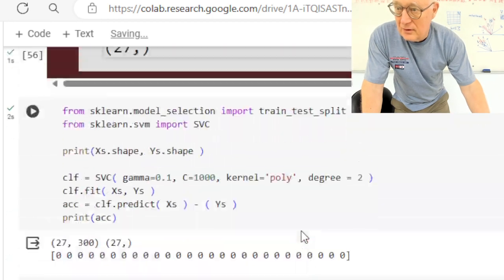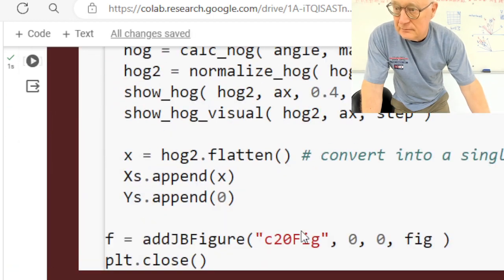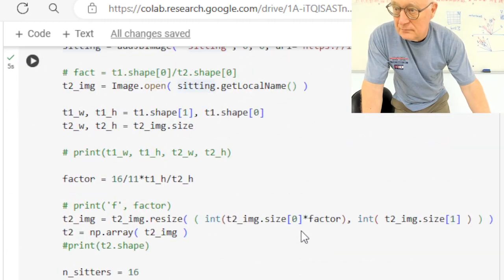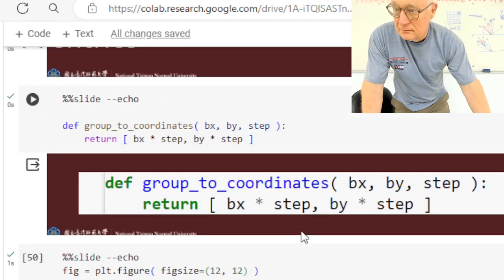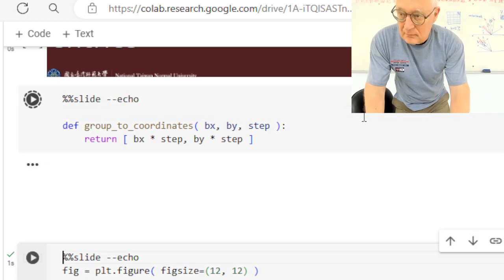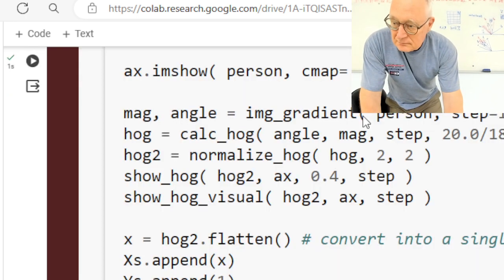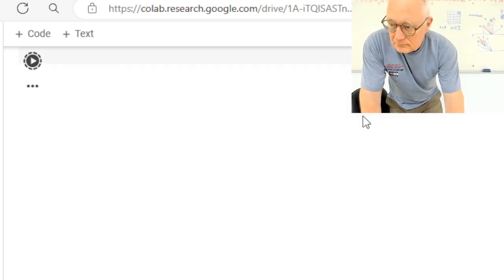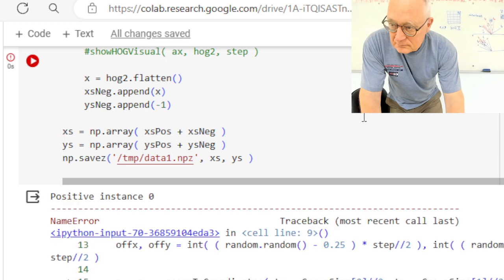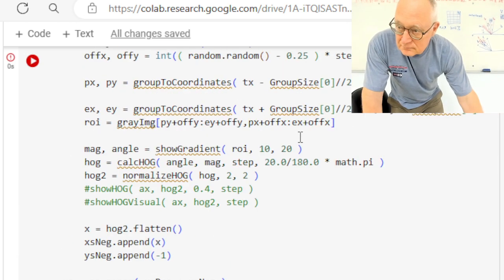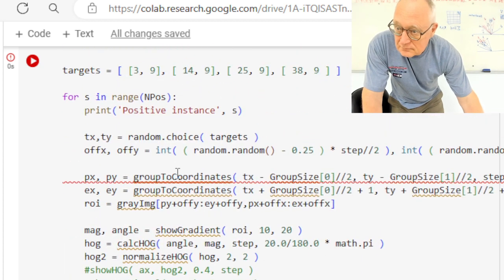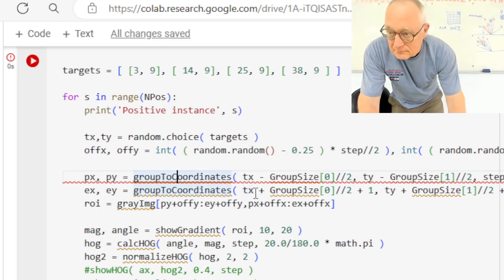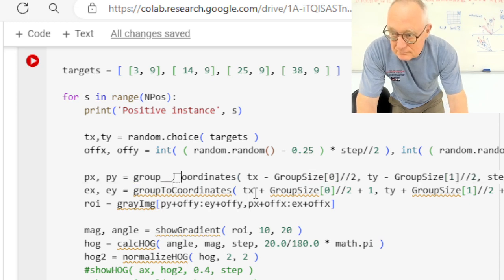Group to coordinates. I thought I defined that. Yeah.